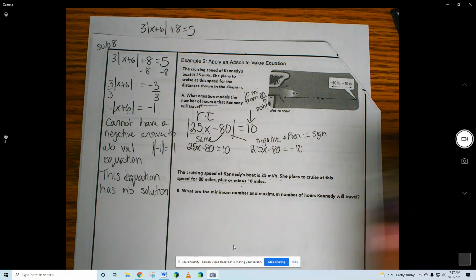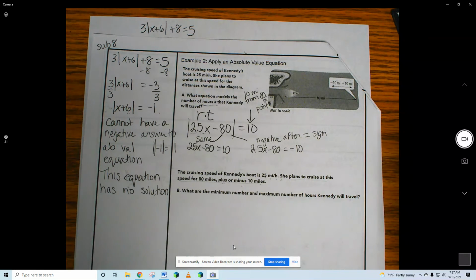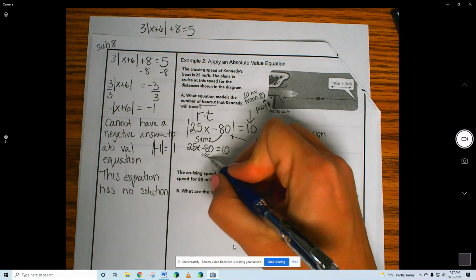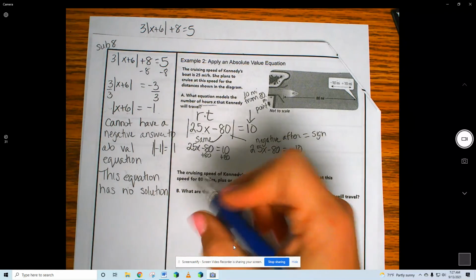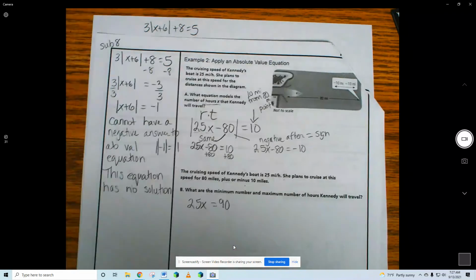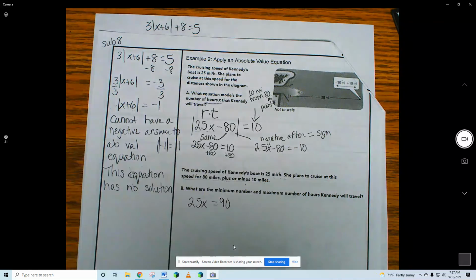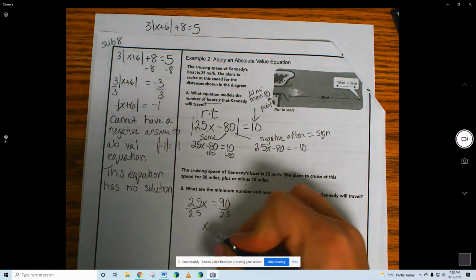So the minimum, the least amount of time that she will be spending. So let's add 80 to both sides. I guess we can solve this in the lower portion, but 25x, I'll bring it down, equals 90. Divided by 25, I'll just tell you the answer.